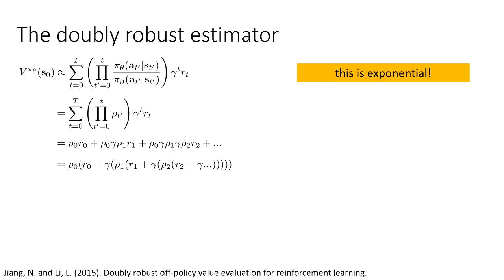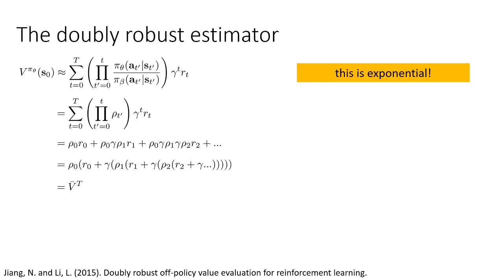So that's why you have gamma, rho 1, and then in parentheses r1 plus all the other stuff. And you can just keep going like this, and you get all these nested summations. We're not actually changing anything. We're just using distributive and commutative properties of multiplication and addition to group these terms together. So just a little bit of arithmetic, a little bit of algebra.